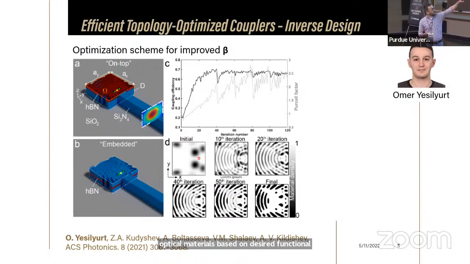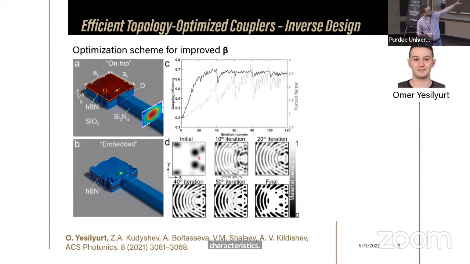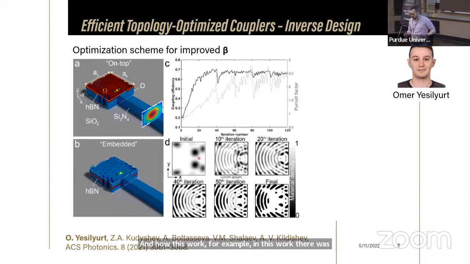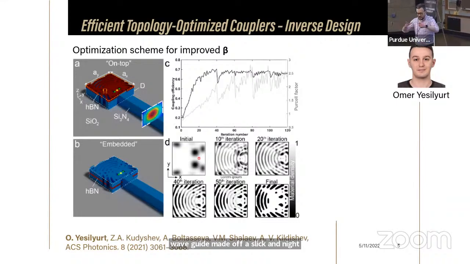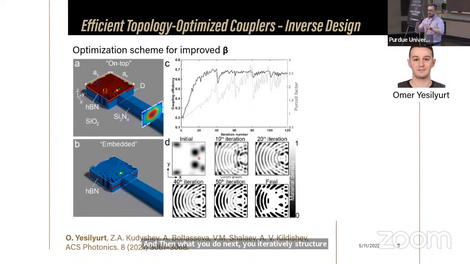For example, in this work, there was a waveguide made of silicon nitride, and an optimization area was selected where you place on top material hosting quantum emitters. And then what you do next, you iteratively structure this material to change the environment and channel all the emission emitted from the source to the waveguide mode.